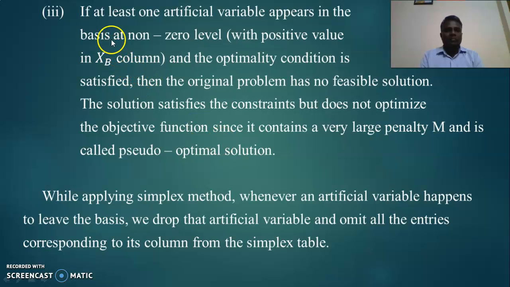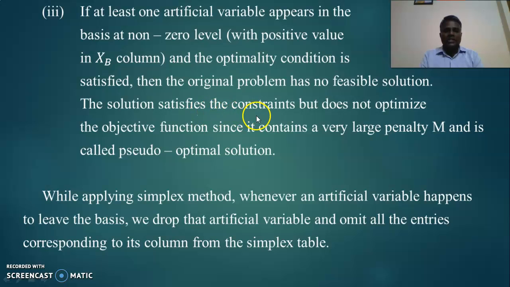Third, if at least one artificial variable appears in the basis at non-zero level with a positive value in the XB column and the optimality condition is satisfied, then the original problem has no feasible solution.